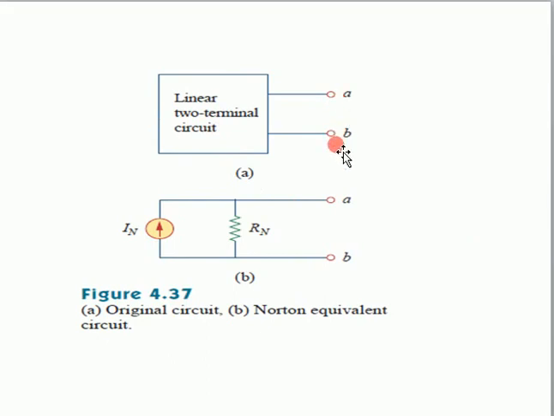So we can transform it in this form, where we have the IN, that is the Norton current, and a resistor parallel to this IN, that is the Norton resistance, or you may say the input resistance of the circuit.